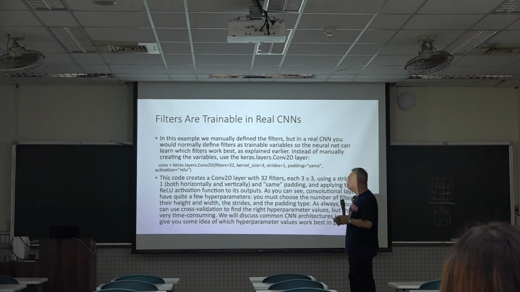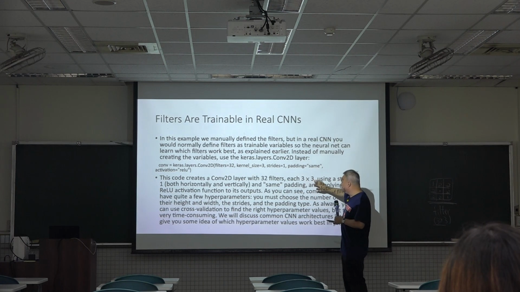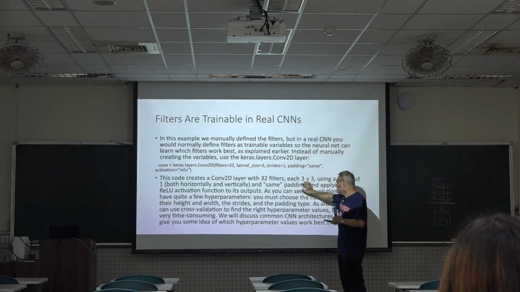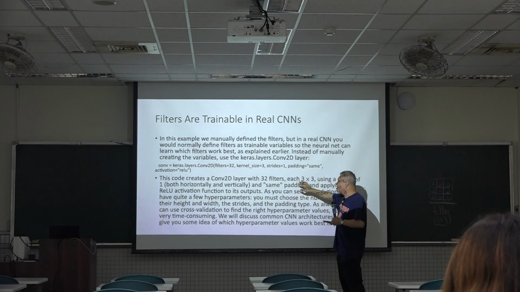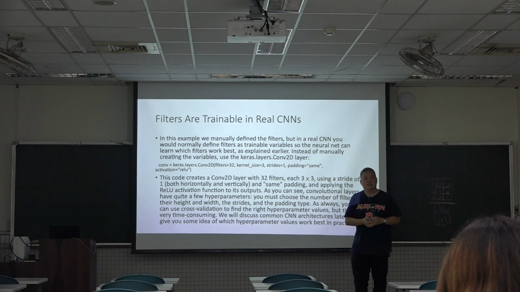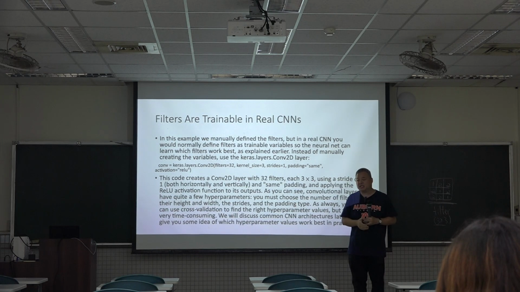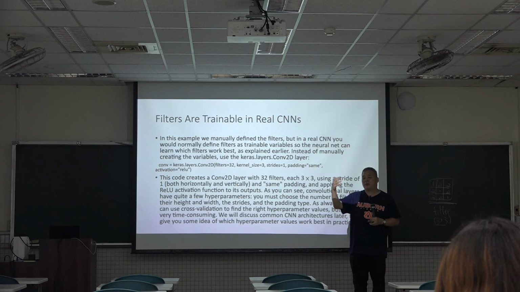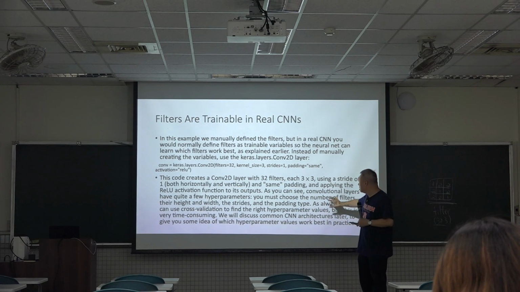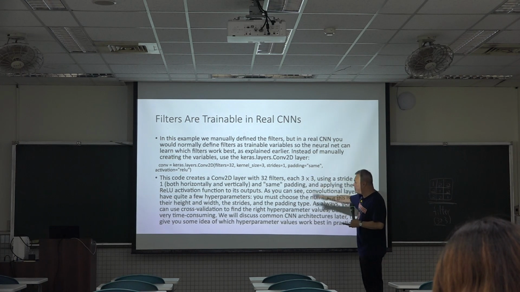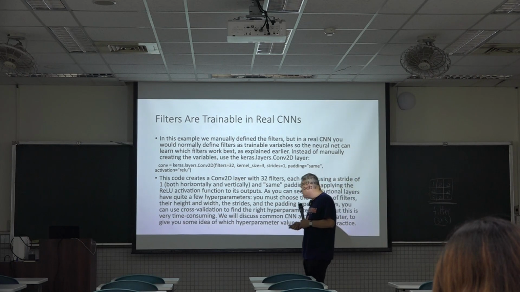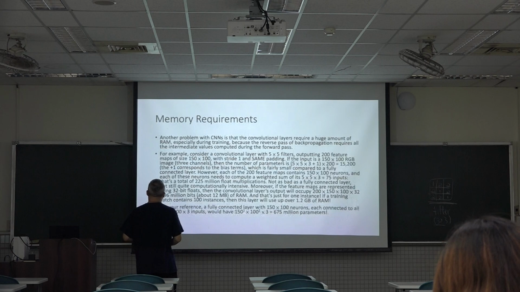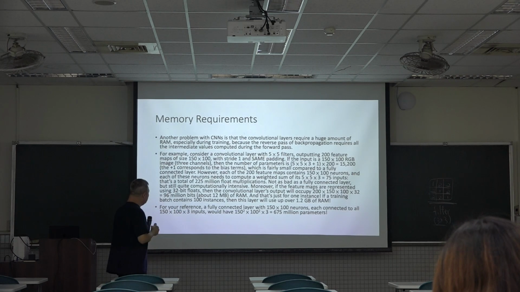So this code creates a Conv2D layer with 32 filters, each 3 by 3. But the values in these 32 filters are not decided. They will be decided during training by backpropagation. The other parameters are sort of trivial.